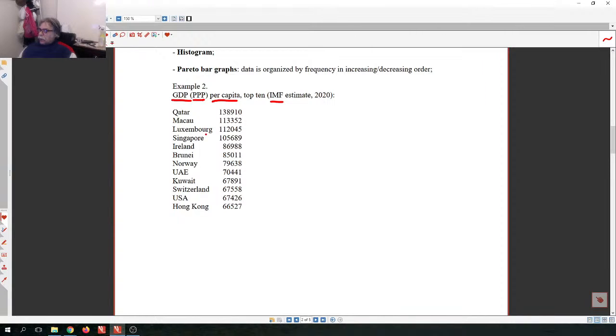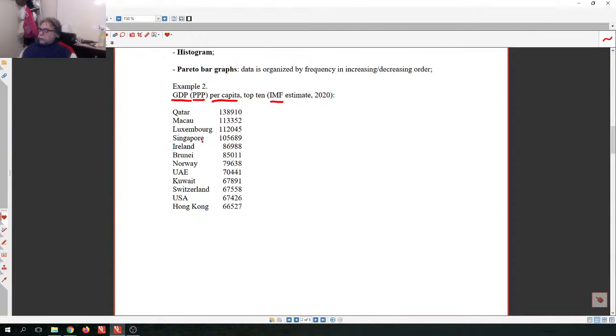Then Luxembourg, a small country in Europe, a banking asylum, where people go to keep money in the bank without the data becoming accessible to some kind of taxing authority, right?